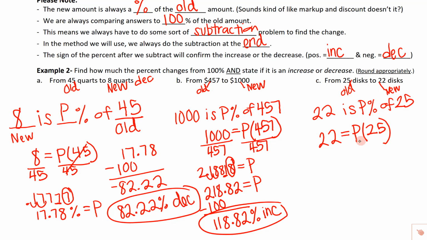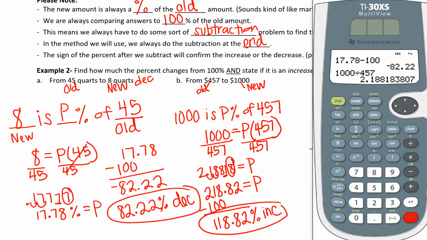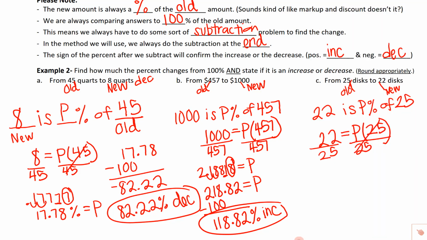Now I'm going to solve my equation. It's being multiplied by 25. The inverse is to divide. This cancels out. Put it in my calculator. 22 divided by 25 is 0.88.